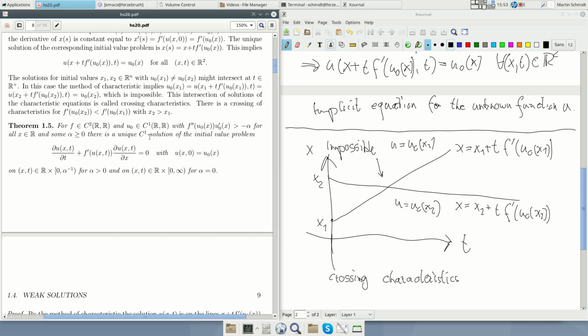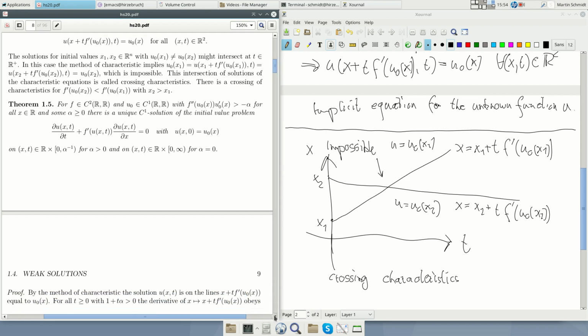Then we have a unique C1 solution of the initial value problem up to the time 1 over alpha, and for alpha equal to 0 we have it for all times. Okay, let's see how this proof goes.